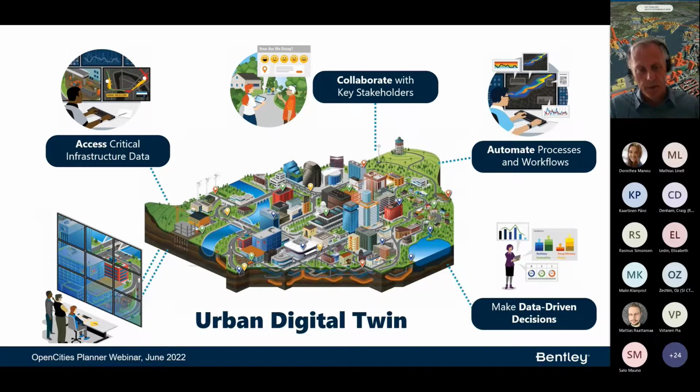OpenCities Planner is one of the key components of the urban digital twin solution to provide a holistic view of the infrastructure that you manage, to easily access critical data to serve data-driven decisions, but also components for automating processes and workflows, and to use for collaboration with key stakeholders, internal and external. So next slide, please.